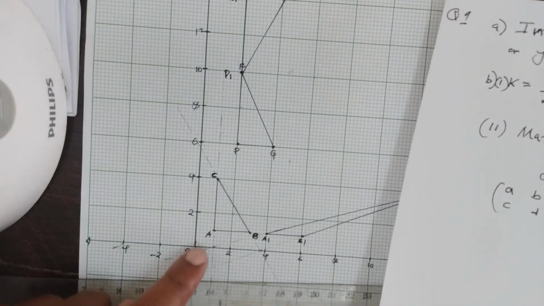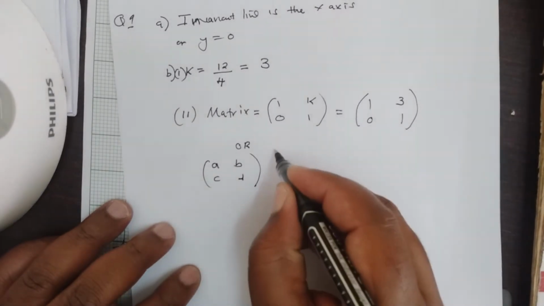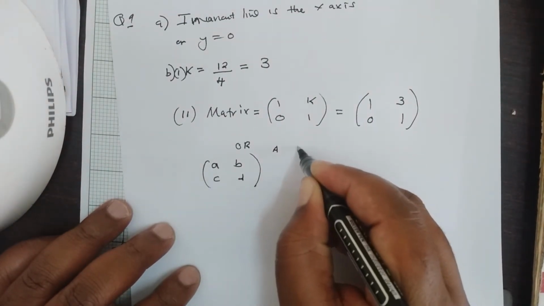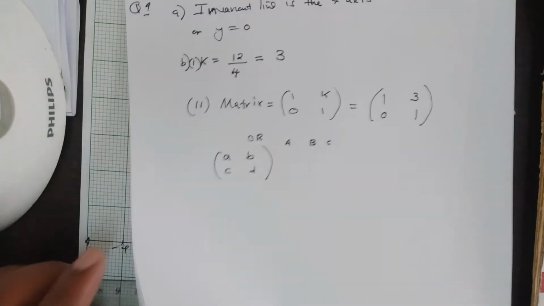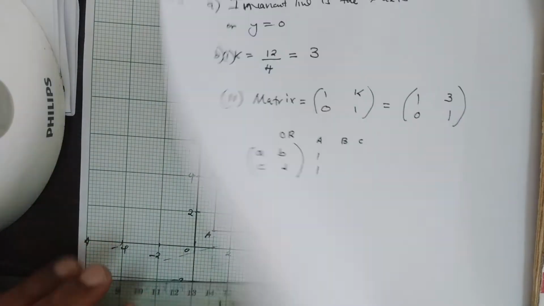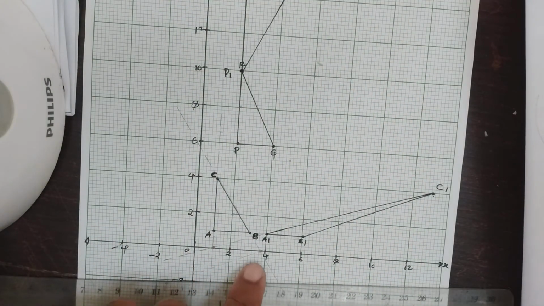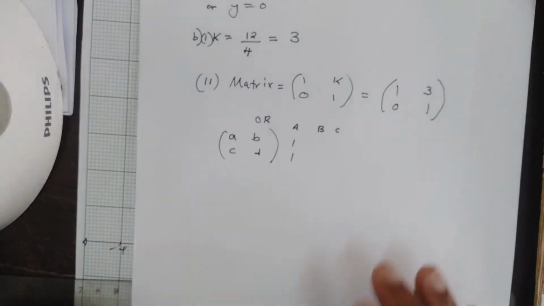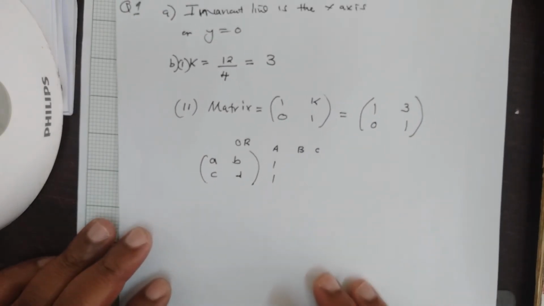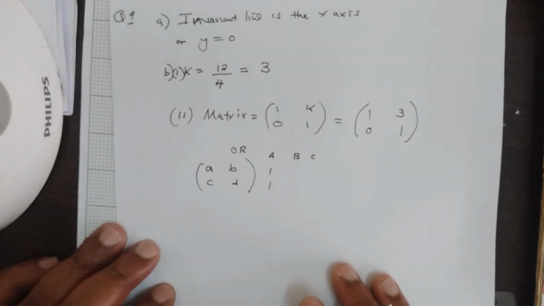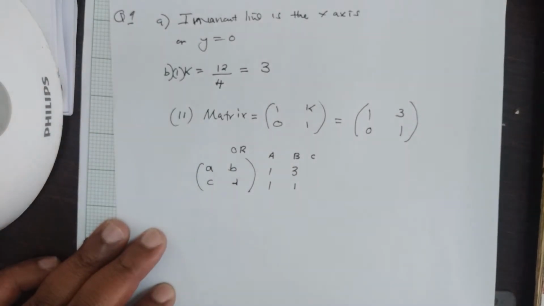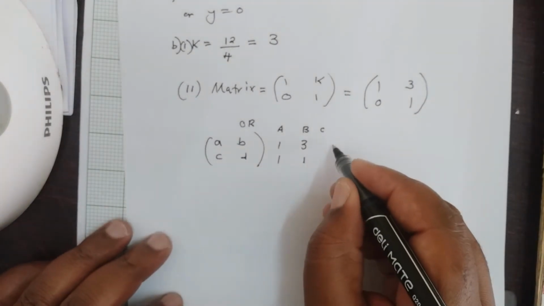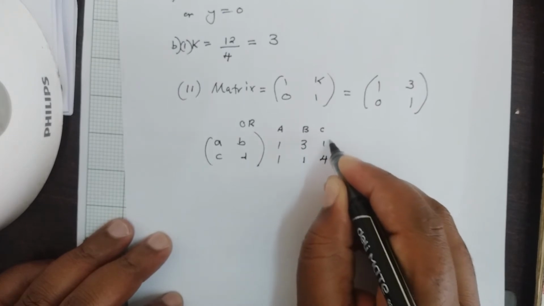So you get the coordinates for A, B, C. A is 1, 1, B is 3, 1, then C is 1, 4.